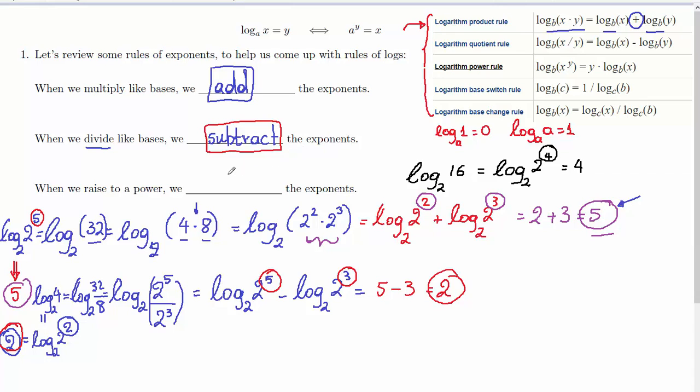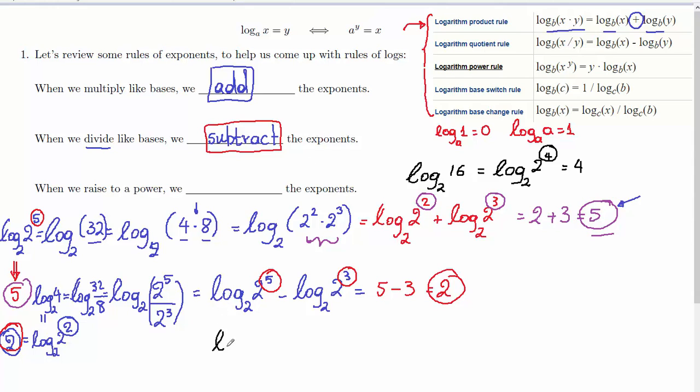subtract the exponents. Now the third property says that when we raise to a power, then what we actually do is bring the exponent down and multiply it by the logarithm. In a few words, let's look at an example.